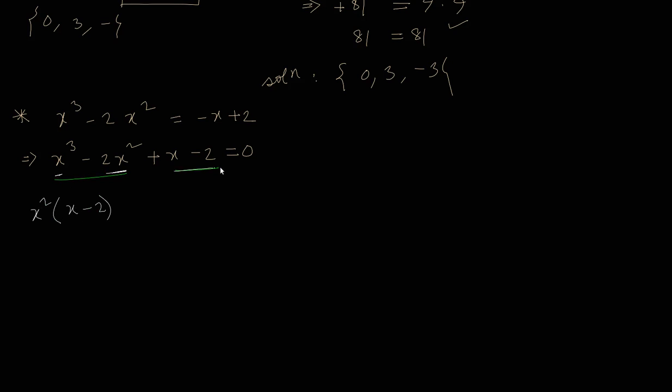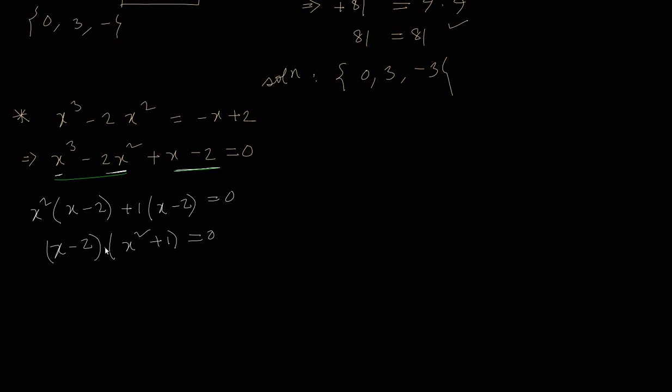Now from x minus 2, only plus 1 is common, so x minus 2 equals 0. So as you can see, I can write x minus 2 and then x square plus 1 equal to 0.